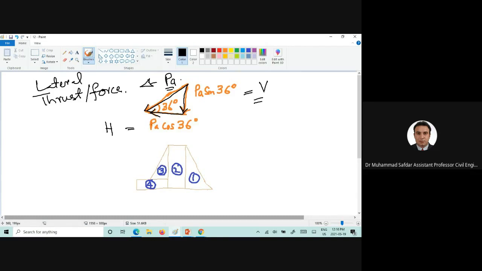So once we get the horizontal and vertical components of that PA, the second thing we need to do here is divide this retaining wall in different parts.